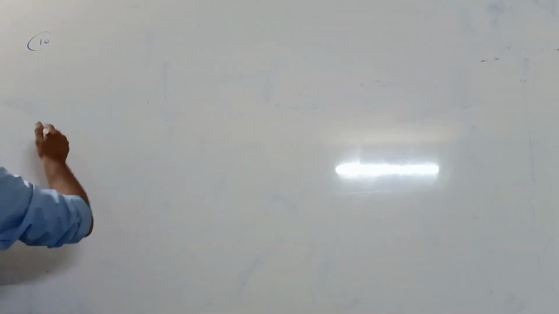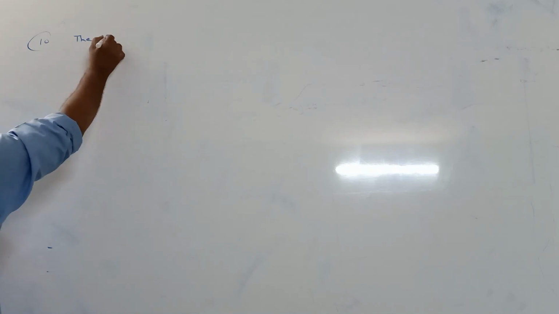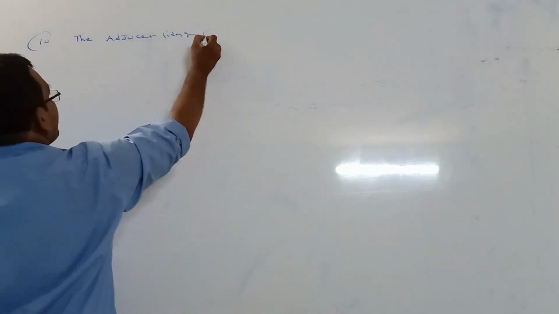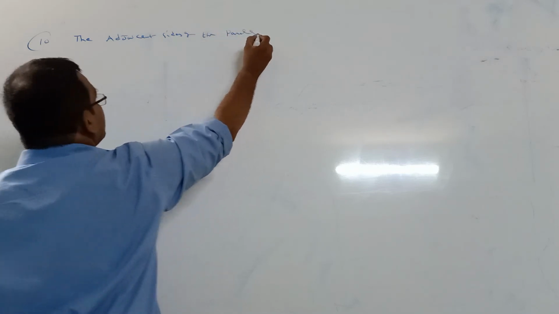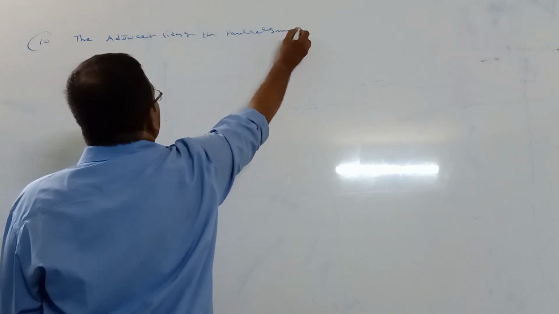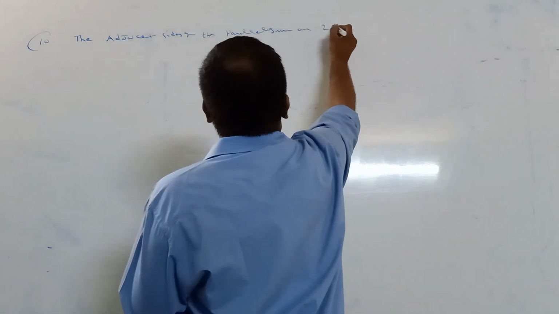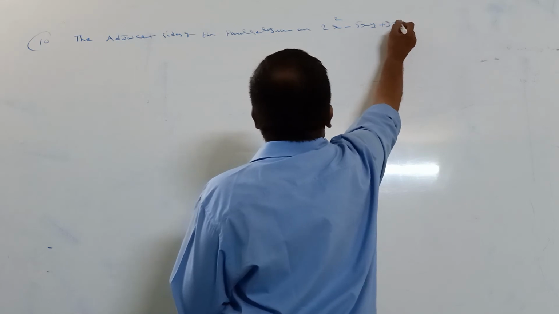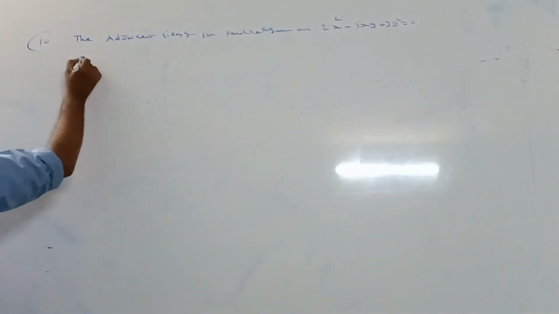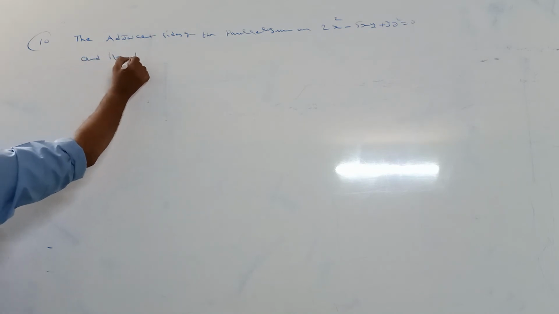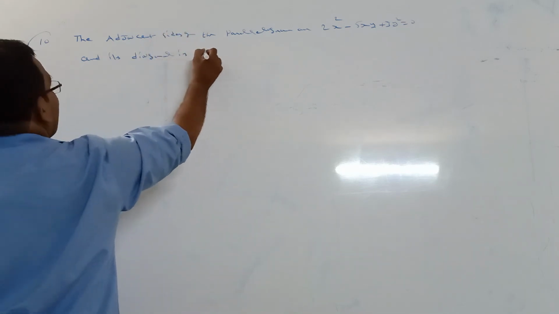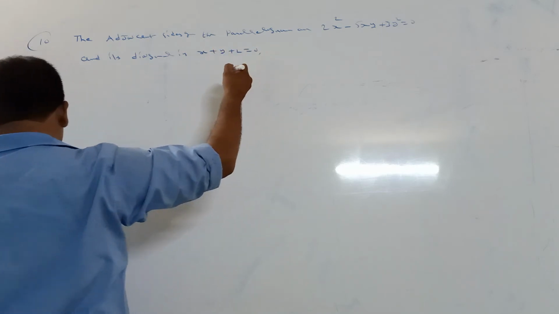Next. The adjacent sides of the parallelogram are 2x² − 5xy + 3y² = 0 and its diagonal is x + y + 2 = 0.